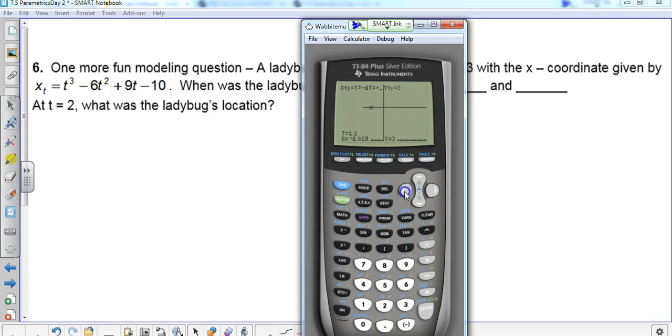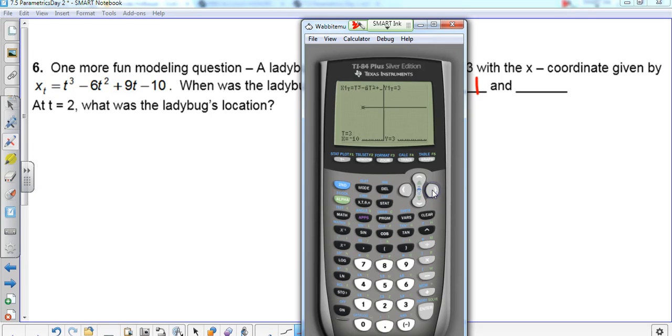What time was that? Anybody figure out? It was at t equals 1 she turned back around. Can anybody figure out where the other time she turns back around and goes off? Yes. At t equals 2.9, she's at -9.88.